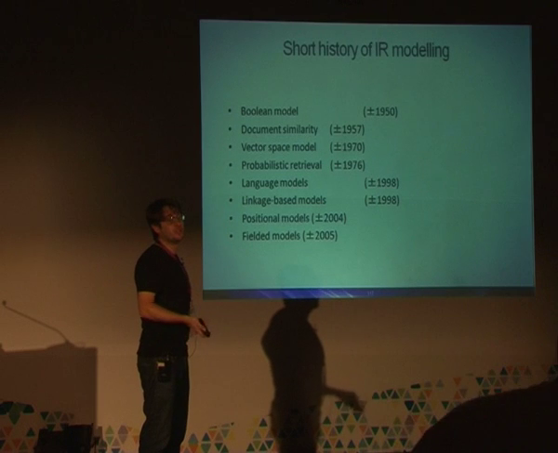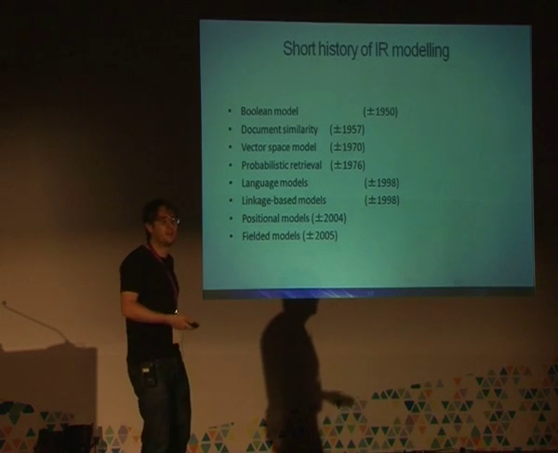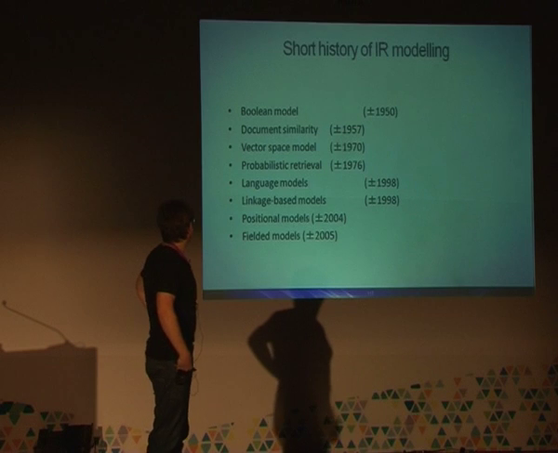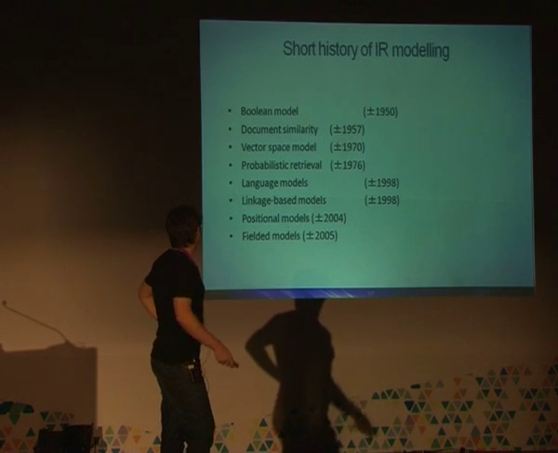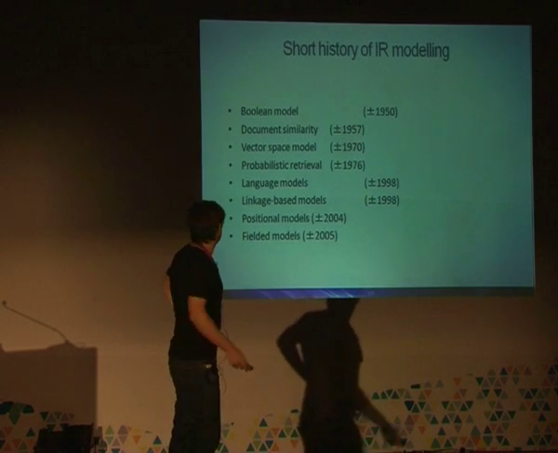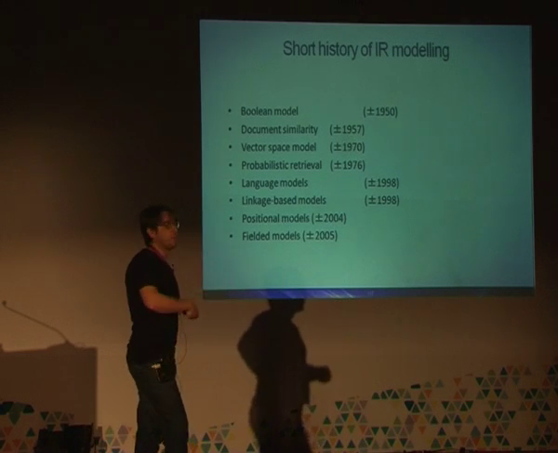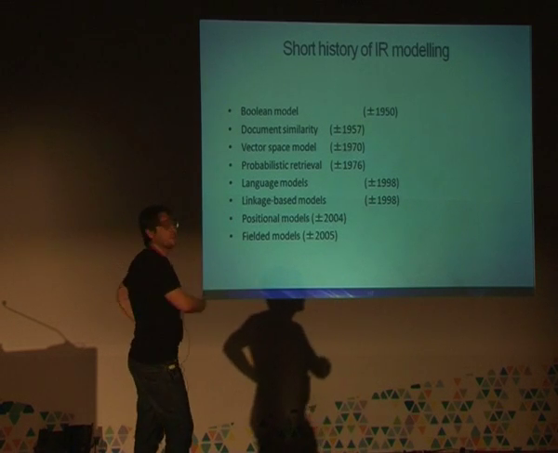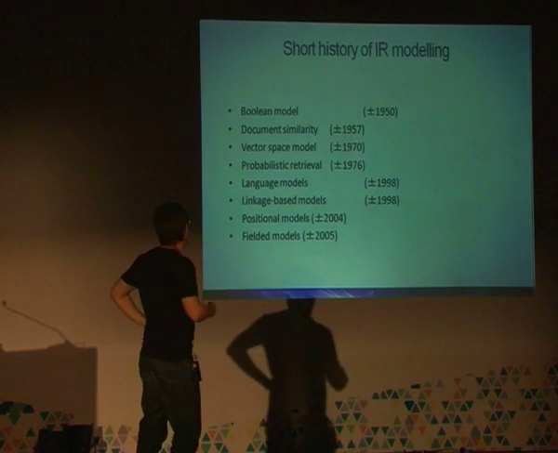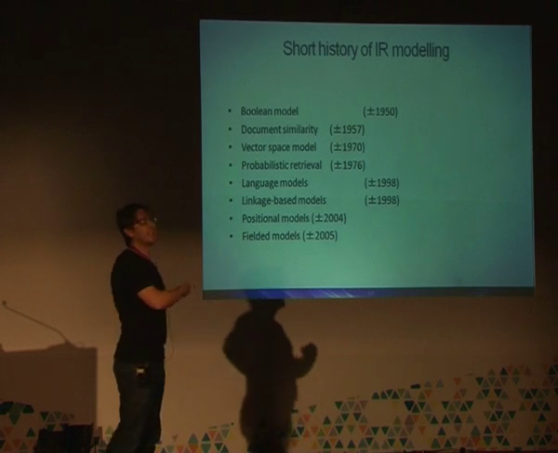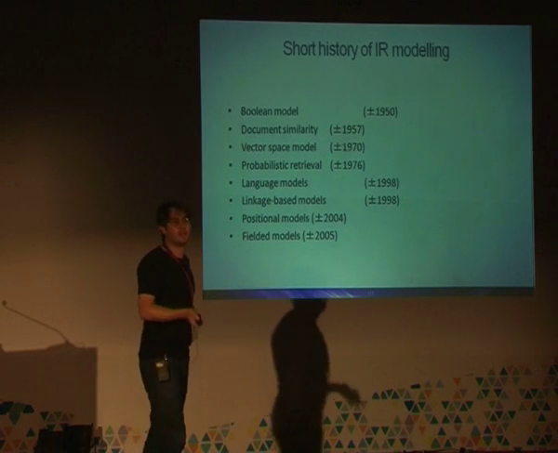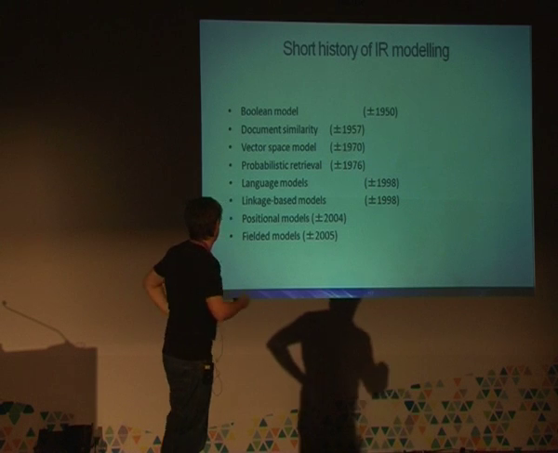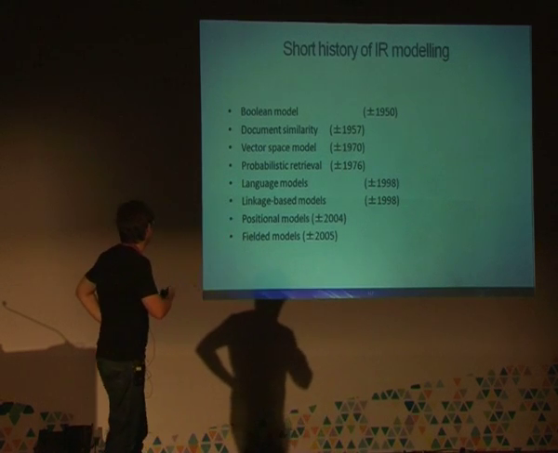That gave rise to the vector space model, which is the foundation for most information retrieval models. Then came probabilistic information retrieval, which developed into language models. I think you will be hearing a lot about language models later on. And linkage-based models. I'm talking about PageRank here. I will not explain how PageRank works, but it is here.